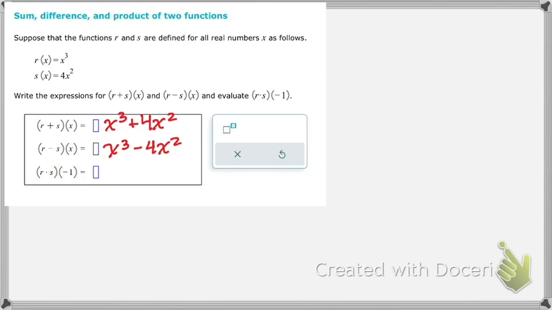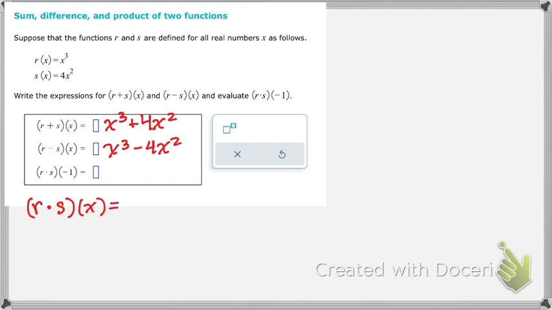So there are two ways to think about this, and I'm going to take a look at the first way, which is to look at r times s of x, instead of jumping into the -1. So I'm going to look at combining the two functions.